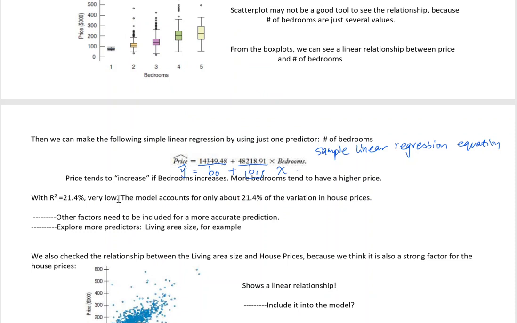We expect R square to be closer to 1. So if R squared is just 21.4%, that means the model accounts for only about 21.4% of the variation in house prices.